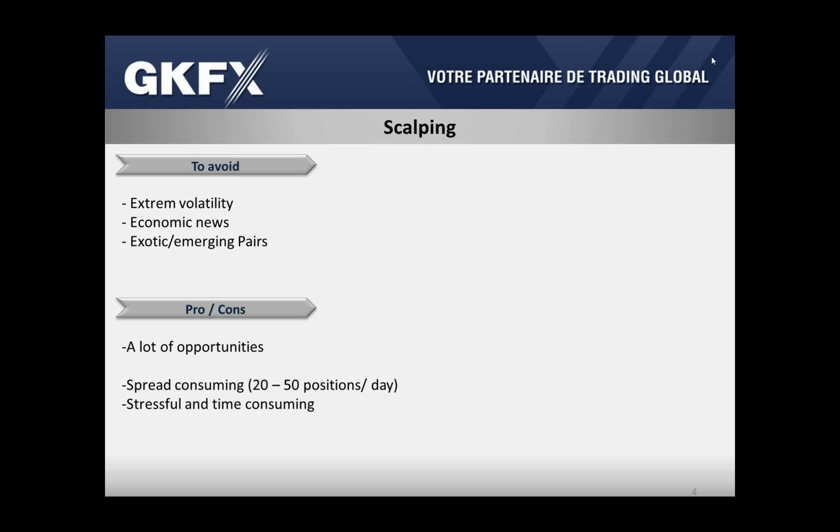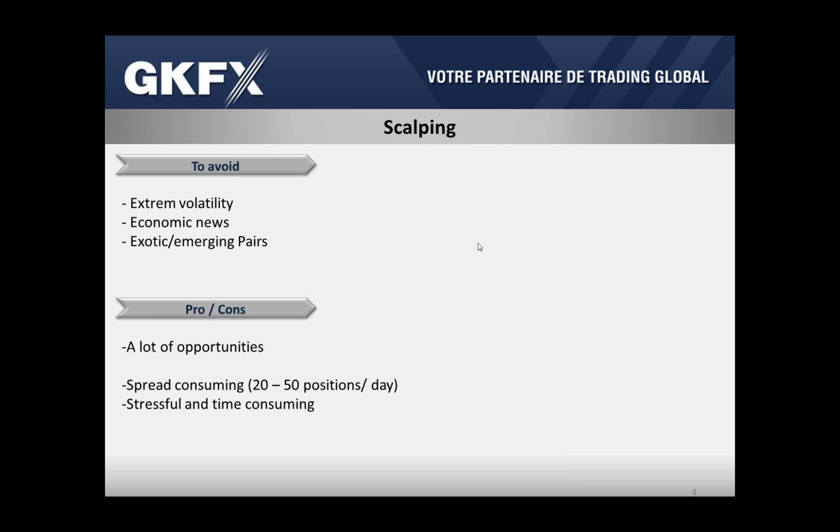Now, to avoid. Scalping, as I told you, is very specific, so you had better avoid some environments like extreme volatility. When the volatility is very high, scalping is very risky. That's why you had better avoid trading economic news.